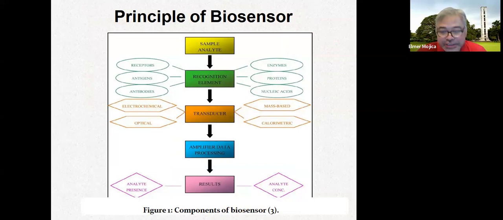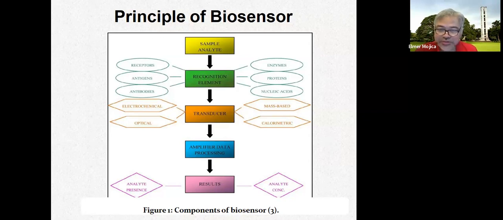Because you don't need to do sample preparation. You want an analysis where you just put the sample right away and determine if your target analyte is present and at what level. Because if you need sample prep, that's additional time in your analysis.